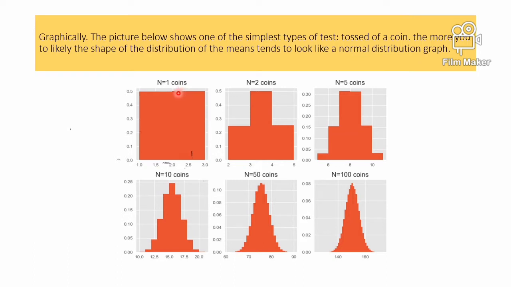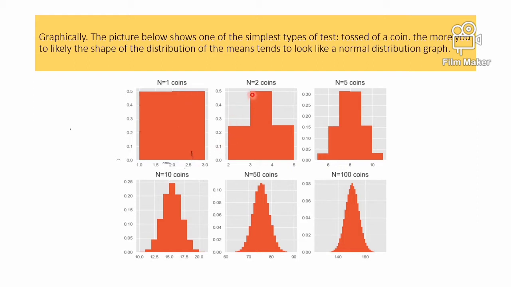Suppose you have one coin; it has equal probabilities on this histogram. If it's only one coin, take note, the histogram is always equal.